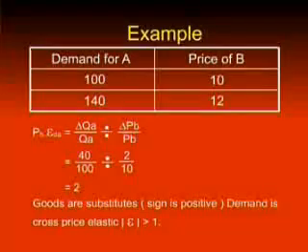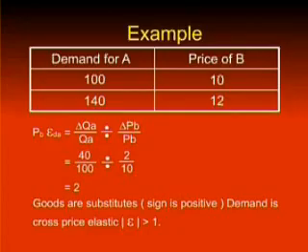That is, an increase in the price of B has a lot of impact in terms of the demand for the other good. If we got a figure, let's say, of 0.25, then we could have said that the cross price elasticity is low or falls in the inelastic region, and in that case we could have said that the two goods are not close or good substitutes.